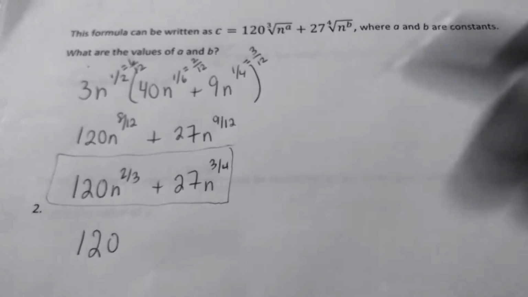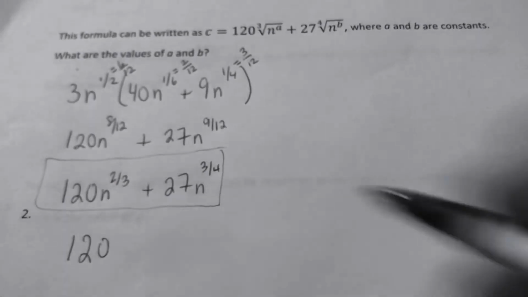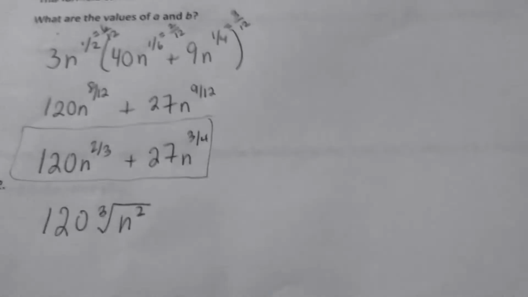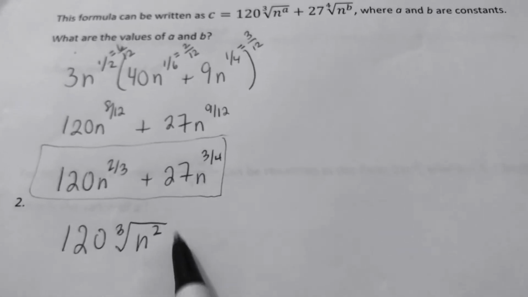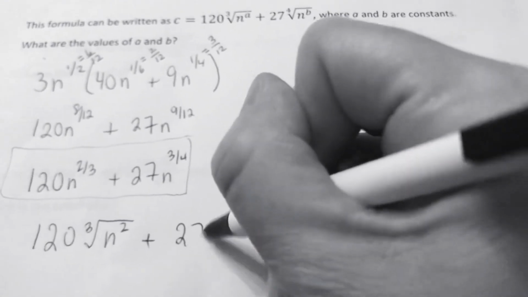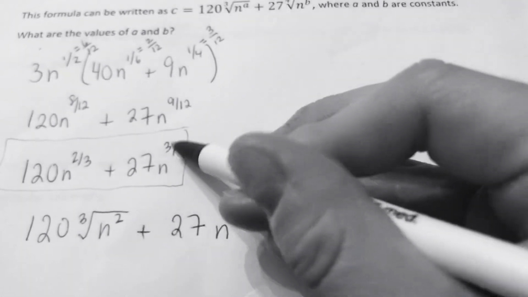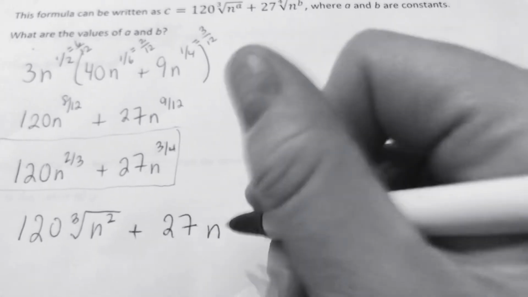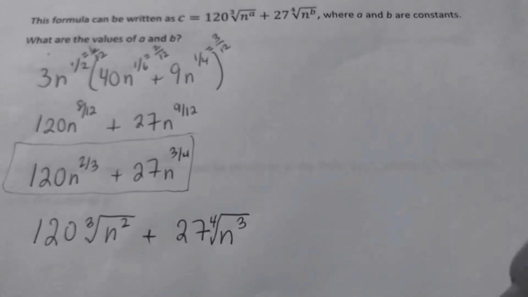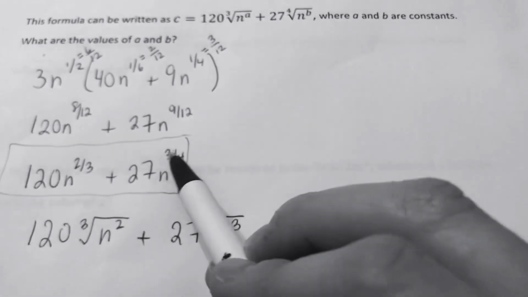So this is 120, my exponent is 2 and my index is 3, so it's the cube root of n squared. Plus 27n, exponent over index, so my index is 4, the 4th root of n cubed.